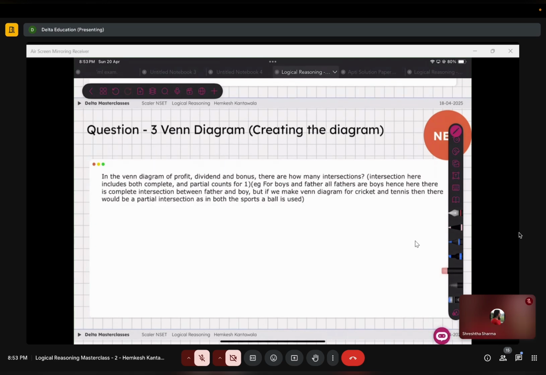If I have bought 100 shares of Reliance, then Reliance from their profit declares a dividend on each share. For the number of shares I have bought, I would be given this dividend on each. So dividend is a part of profit.